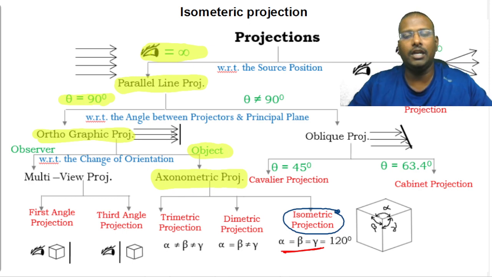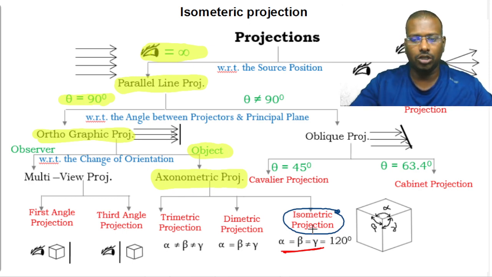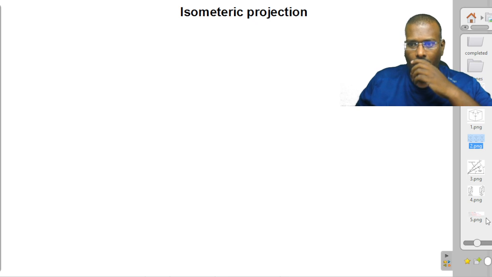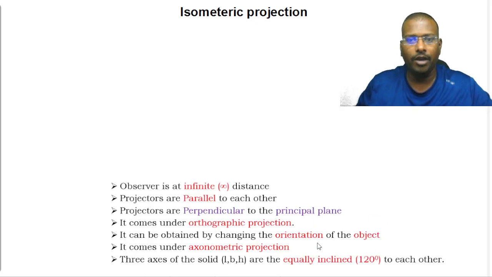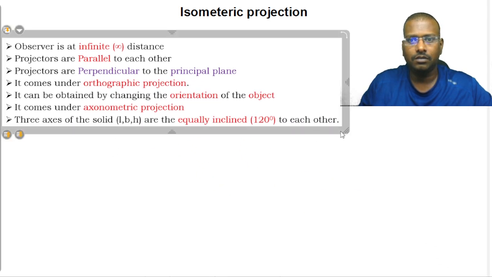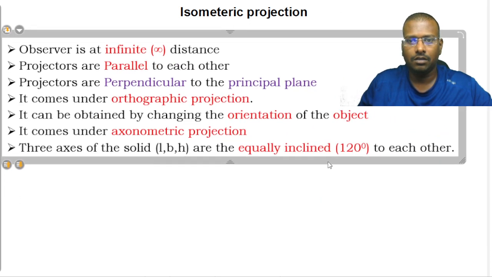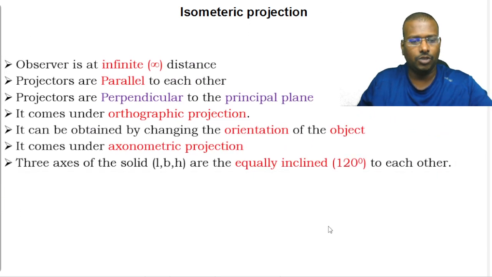Whatever we learned up to now, we'll try to consolidate in a particular sheet. Just observe this, all those things I gave as statements. Just have a look at it. So what are the points here?